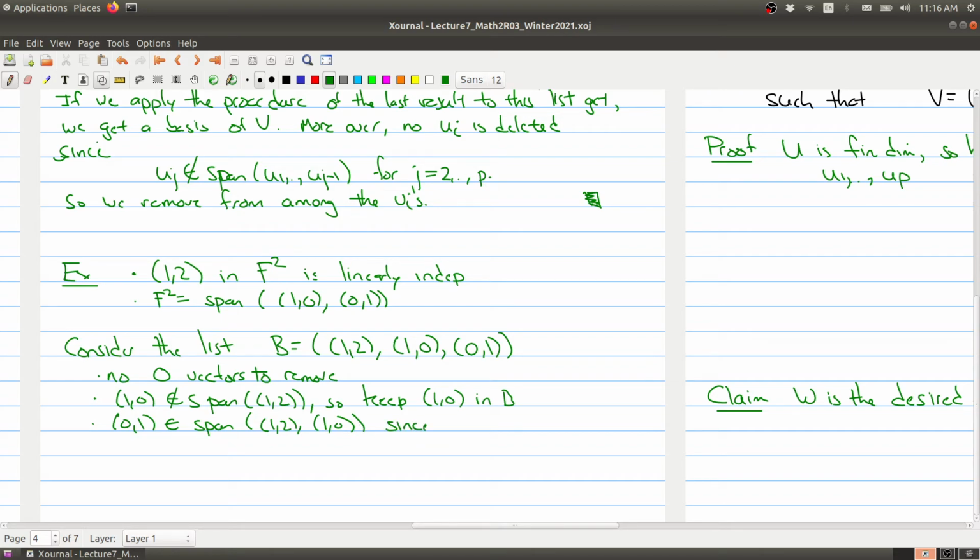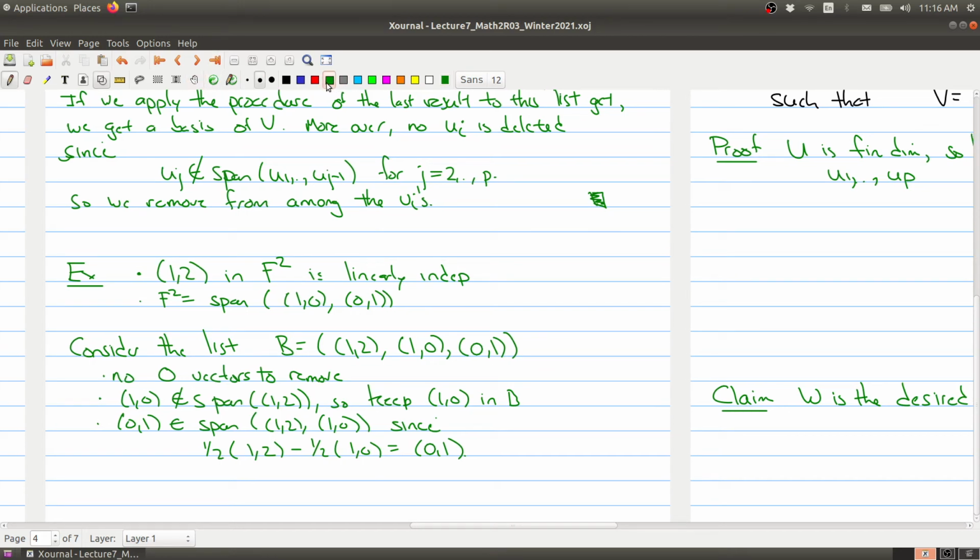Maybe you don't see this right away, but it's because 1/2 times the first vector minus 1/2 times the second vector is equal to (0, 1). So the way the proof works is we remove (0, 1) from B, and as a conclusion, the list (1, 2), (1, 0) is a basis for F2.